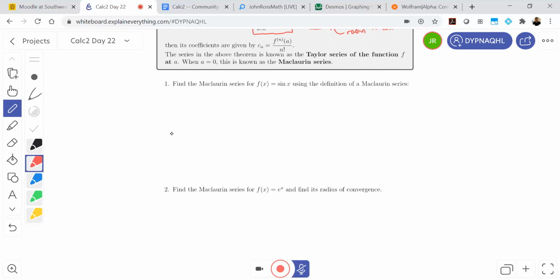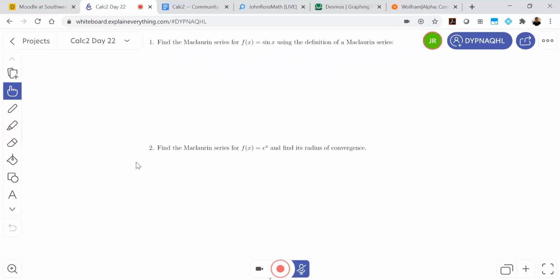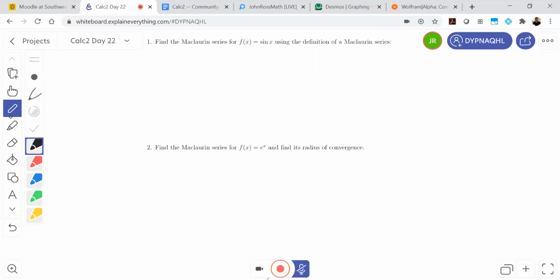So again, we would calculate the first several derivatives. And you know what, let me be a little lazy and do the e to the x one, which is a little bit easier. We can revisit the sine of x one in just a second, but maybe it makes sense to start with e to the x. For e to the x, we had f of x equals e to the x, f prime of x equals e to the x.